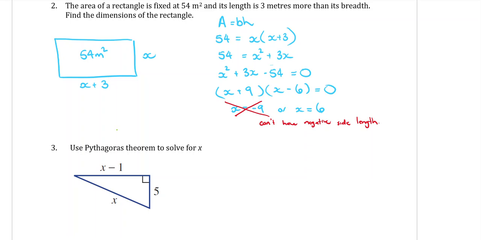So let's say, therefore, the rectangle has dimensions 6, and the units in the question were meters. So it's 6 meters by the other, if x is this shorter side length, x plus 3, which would be 6 plus 3, is 9 meters for the other one.